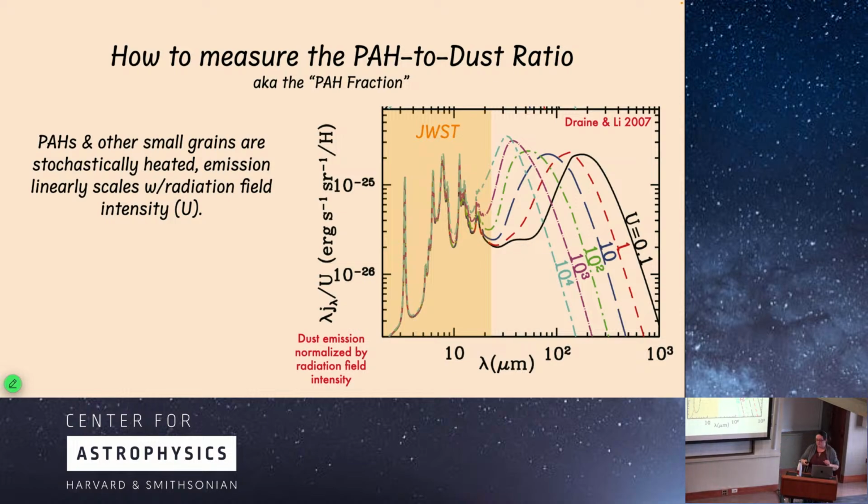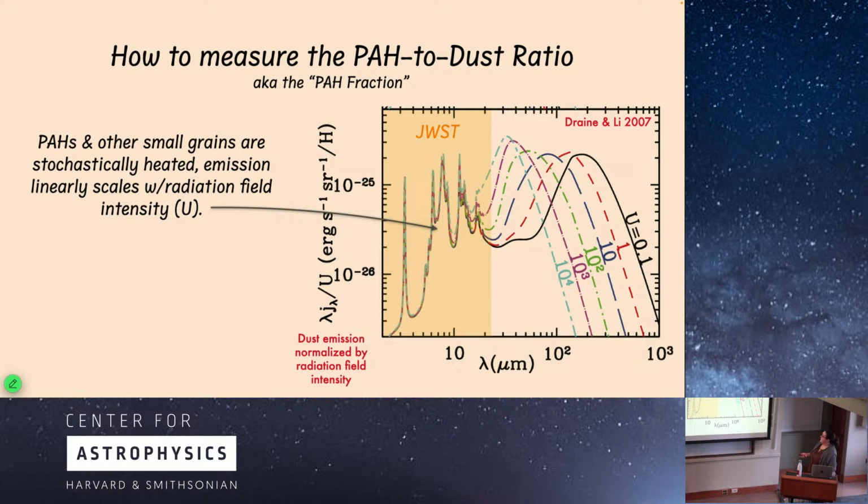That's because this is stochastic heating. The small grains absorb a single UV photon, de-excite and emit that. And so the amount of emission you get out is directly proportional to what you put in. So it's a linear relationship between the emission and the radiation field strength that is illuminating them.